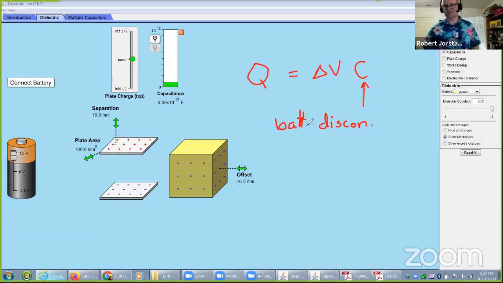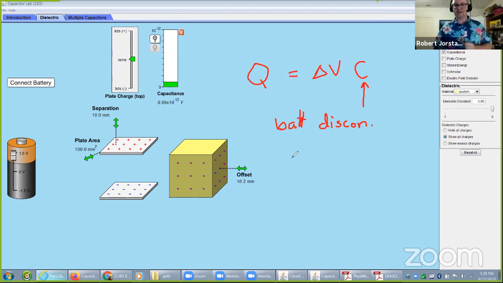Which of these other two is held fixed? Charge or voltage? Got to be the charge, right? It's got nowhere to go. There are no wires. There's no way. Charge is conserved. It doesn't just magically disappear.